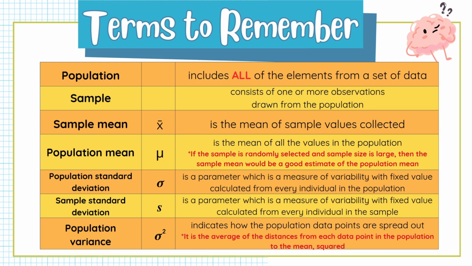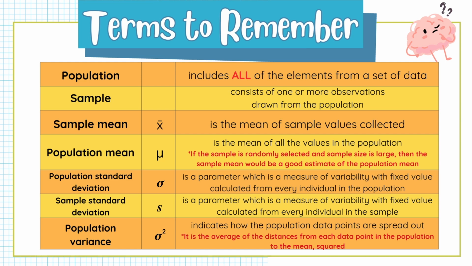How about a population standard deviation? It is a parameter which is a measure of variability with fixed value calculated from every individual in the population, while a sample standard deviation is a statistic which is a measure of variability calculated from every individual in the sample.